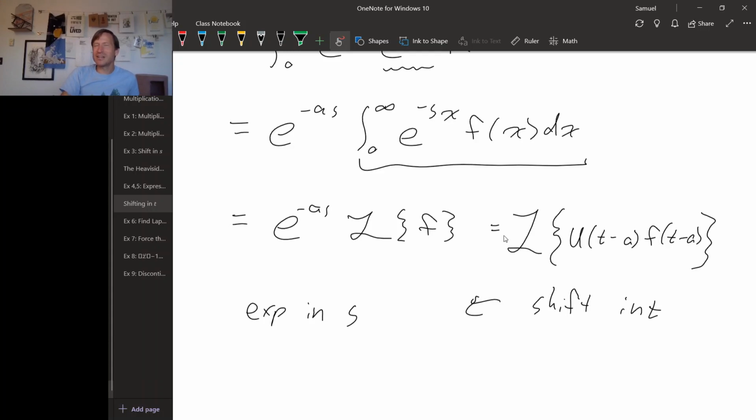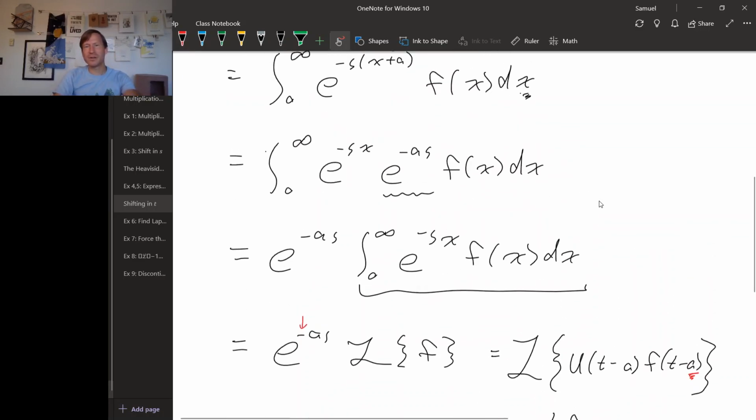Now this is a little confusing, because based on analogy with the corresponding Laplace transform law that says multiplication by an exponential in the t world is a shift in the s world, you might expect this to come out to be plus as, but it's actually minus. So you have to be careful to get this minus sign right. If you leave off this minus sign, bad things happen.